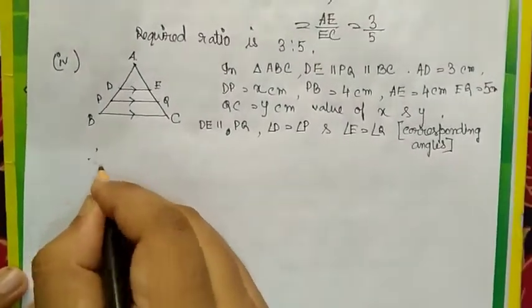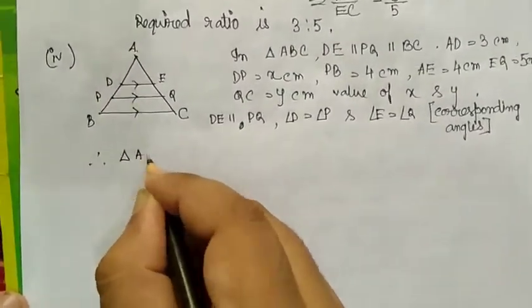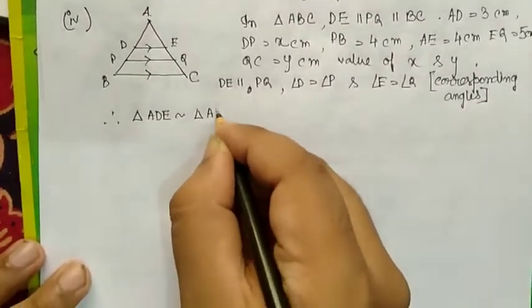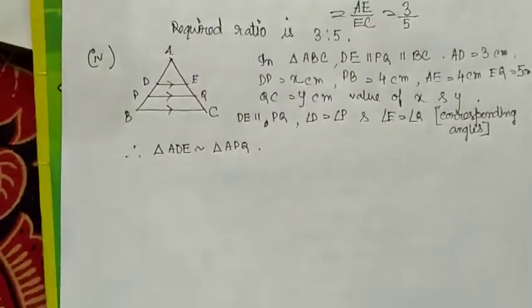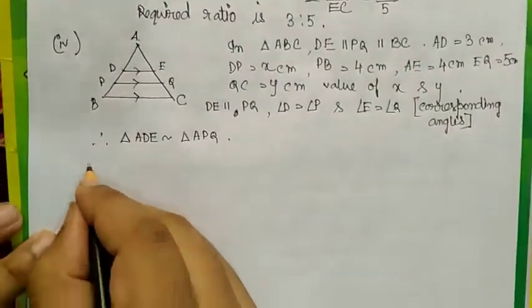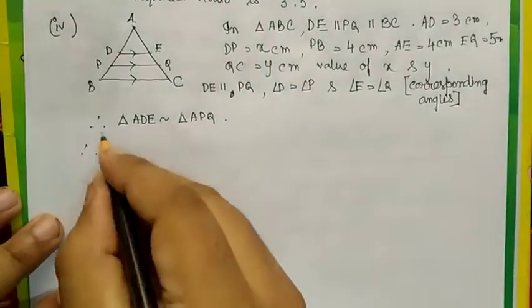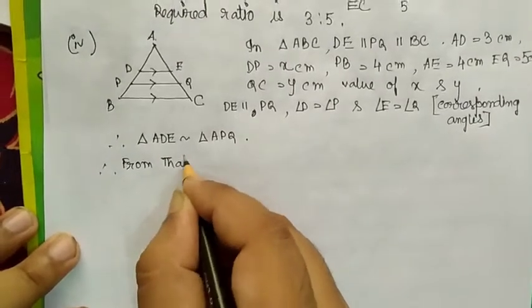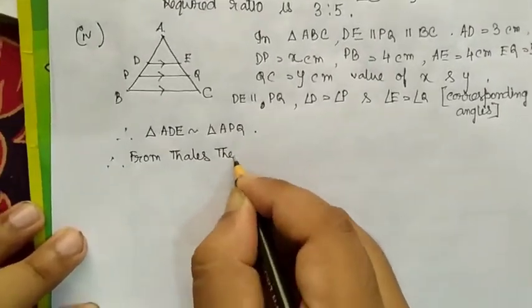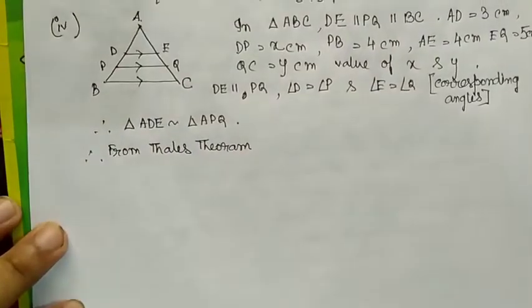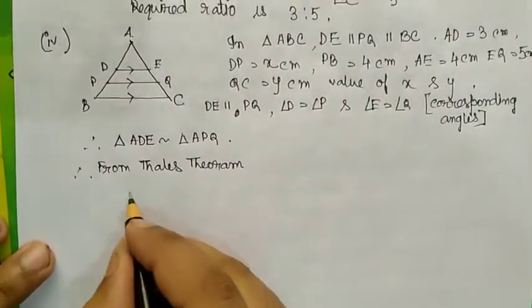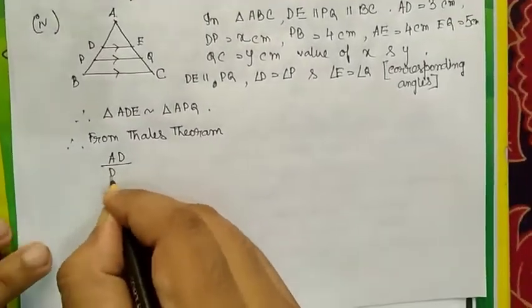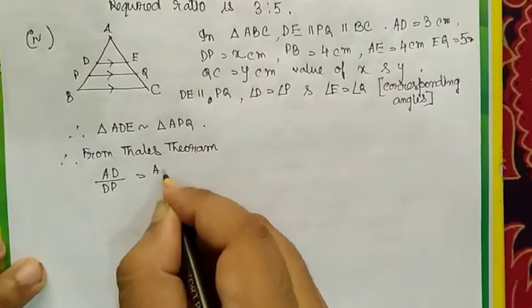So therefore we can say that triangle ADE is similar to triangle APQ. So from Thales theorem, we can say that AD by DP equal to AE by EQ.